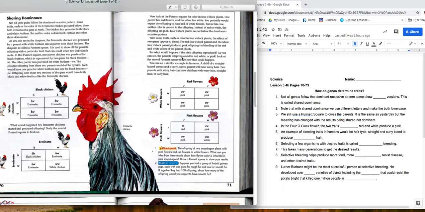Okay, that was cool in the flowers. What happens in humans? You can see a similar example in humans. A child of a straight-haired parent and a curly-haired parent would have wavy hair. Two parents with wavy hair could then produce a child that would have wavy hair, or back to straight hair, or back to curly hair, depending on how those work.